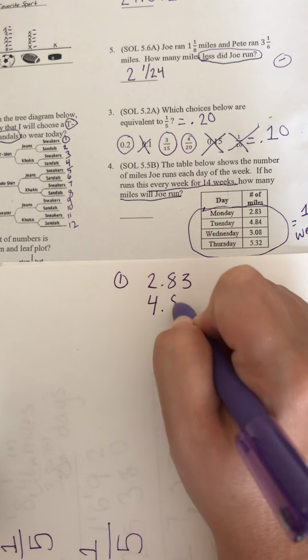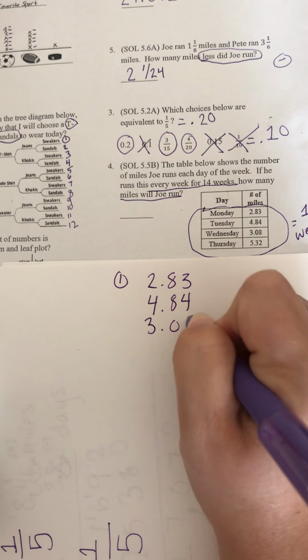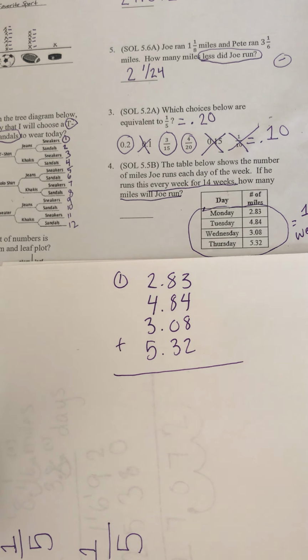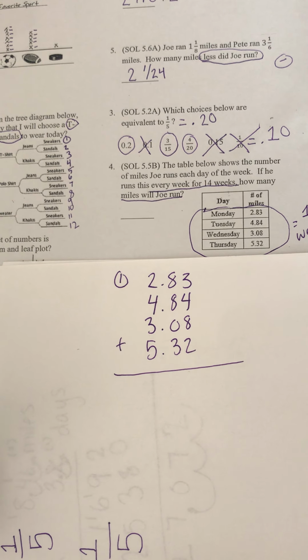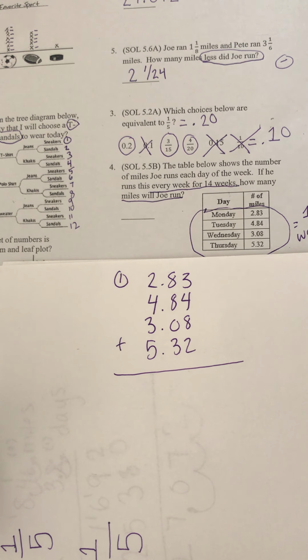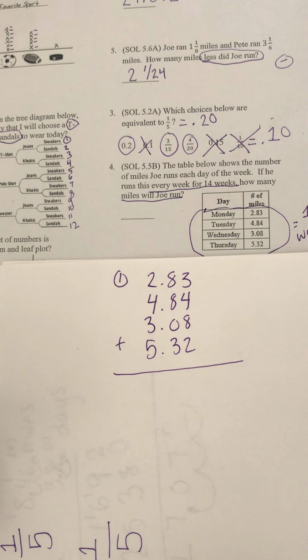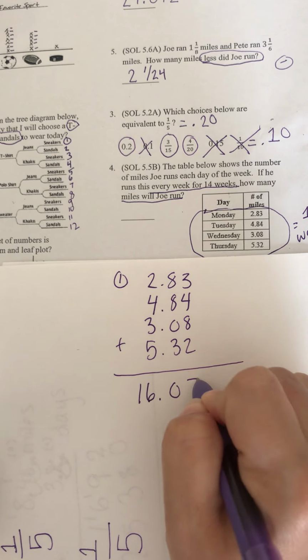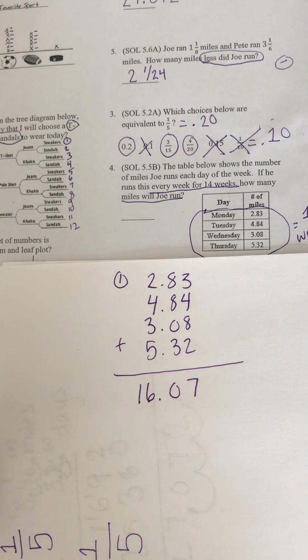Step number 1, we're going to add Monday, Tuesday, Wednesday, Thursday. Okay. I'm going to get out my calculator. But if you're doing it on paper, just make sure you line up the decimals because you are adding. Okay, I got 1607. Hopefully that is correct.